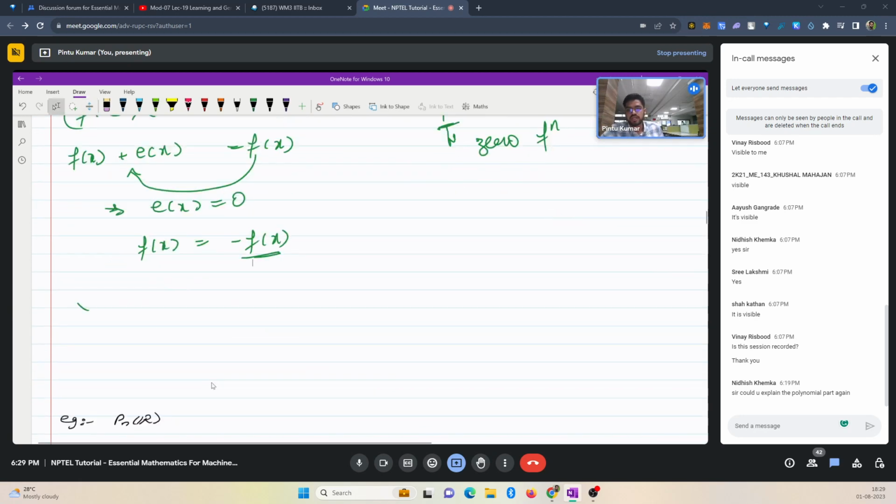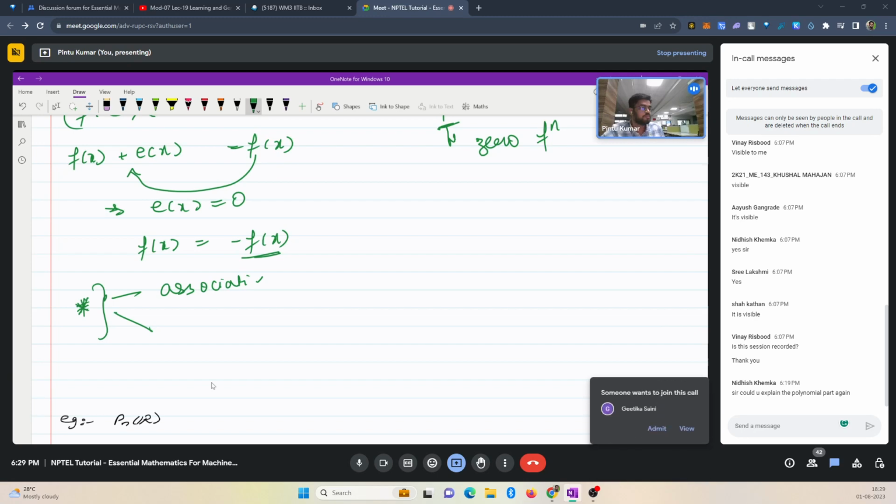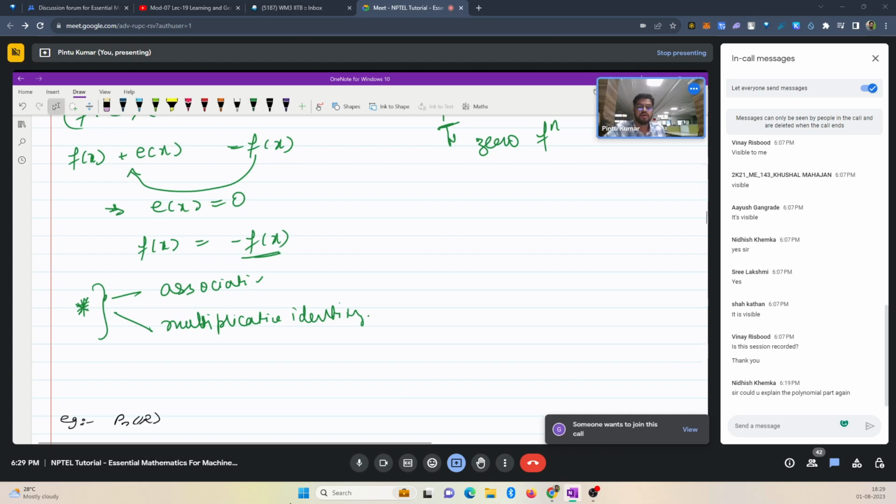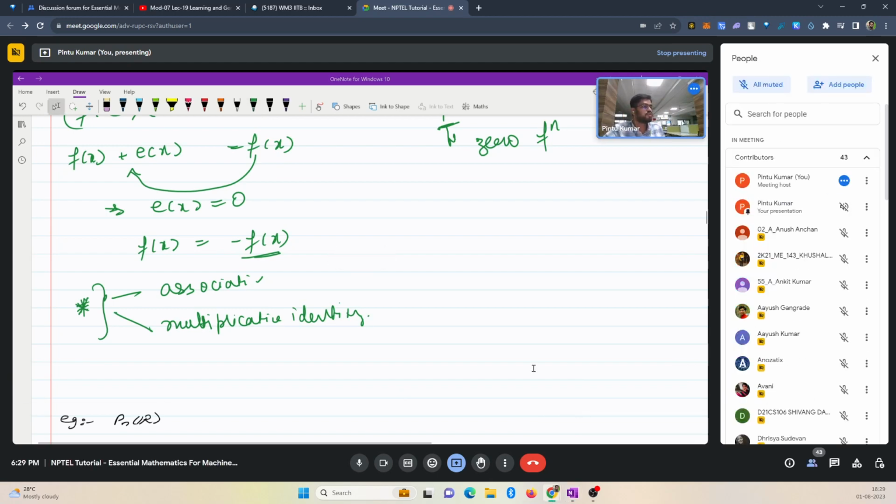So if you come to multiplication, I'll complete this example completely so that you know how to prove this thing. If you look at multiplication, we needed two things. One was associativity. Another one was multiplicative identity. Now, what would be the multiplicative identity for this kind of setup?